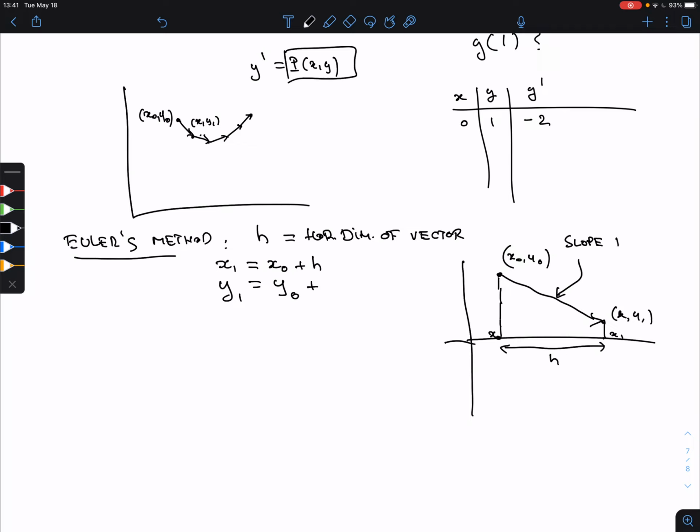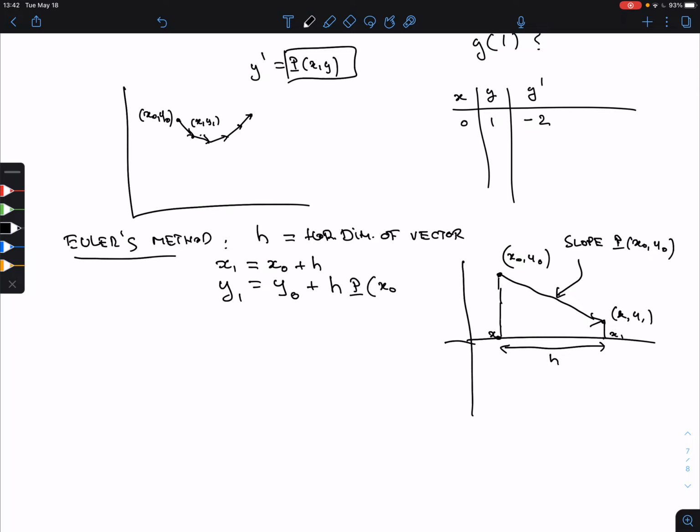Well, the slope is p(x0, y0), correct? The slope is given by y prime at the first point, x0, y0; you just plug in x0, y0. That's the initial condition if you want. So that is the slope. I'm not going to check this, you can easily check this for yourself.